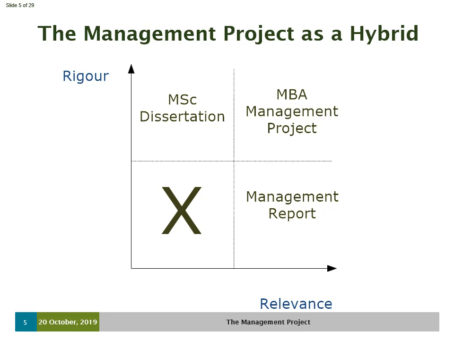For an MBA management project, we are looking for that hybrid between rigour and relevance. We will develop a little bit later on the idea of the academic professional and the professional academic. What we are interested in the MBA is developing the academic professional.